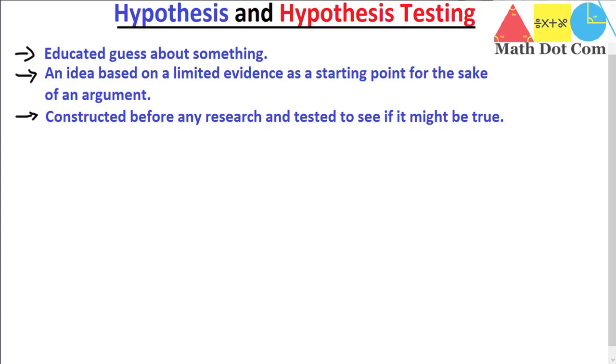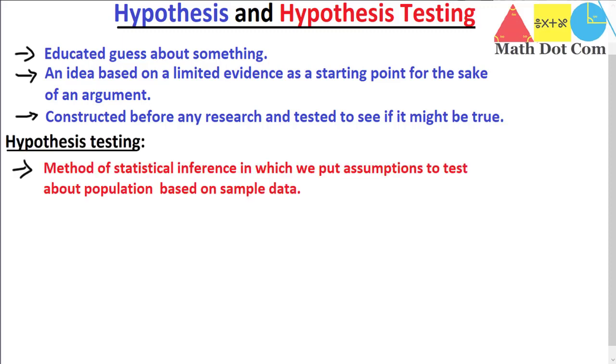Now, what is hypothesis testing? It is basically a method of statistical inference. Now, what is statistical inference? We have learned at the very start about inferential statistics and descriptive statistics. When we analyze the data based on a sample that is extracted from the population, we refer to it as statistical inference or inferential statistics.